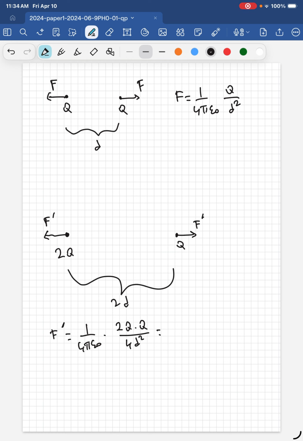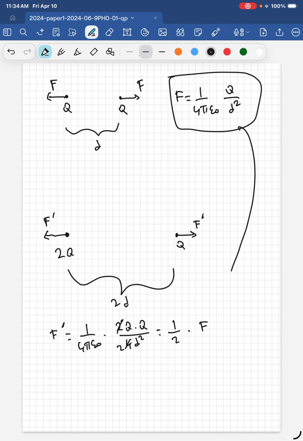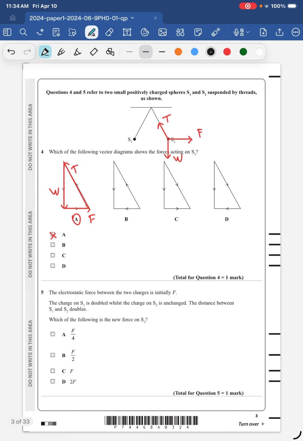So if we simplify that, we have 1/2 times F, the initial force from up here. So the correct option is, let's go back, B. Hope this makes sense. And let's move on.